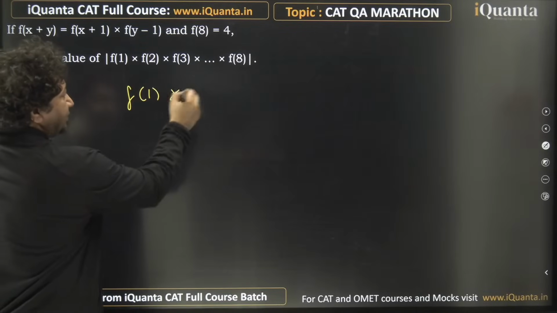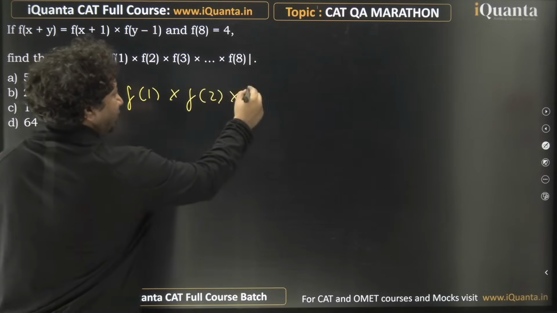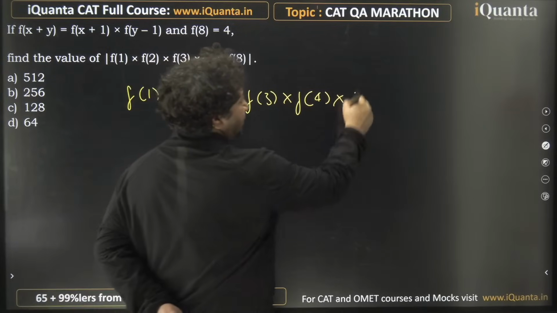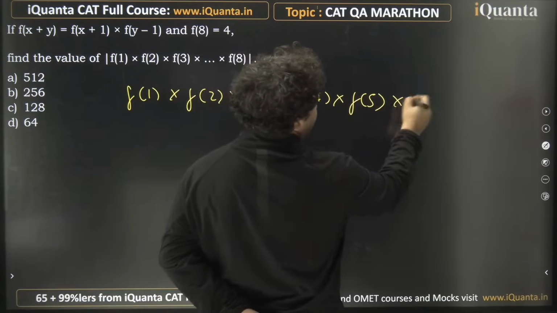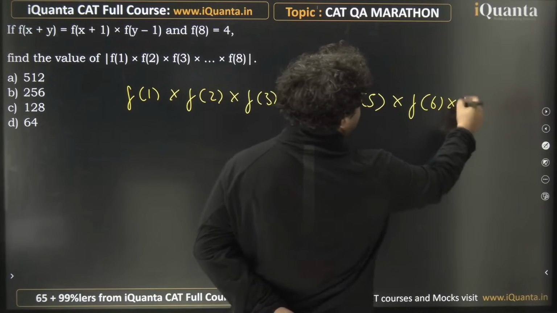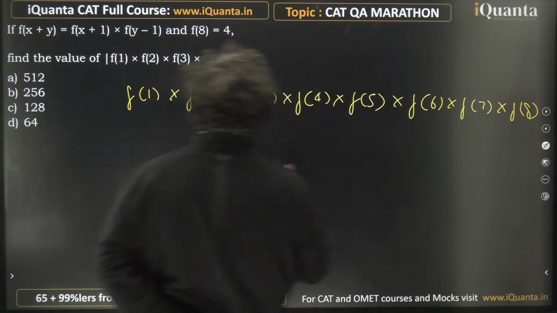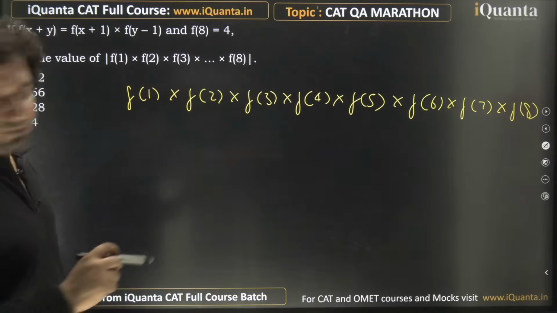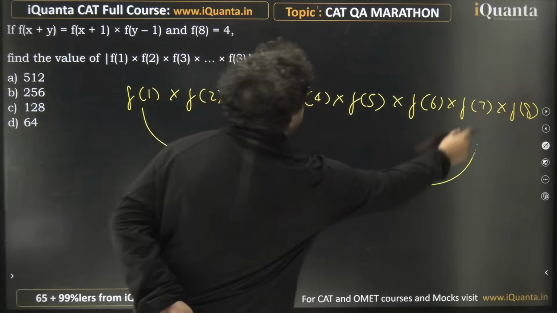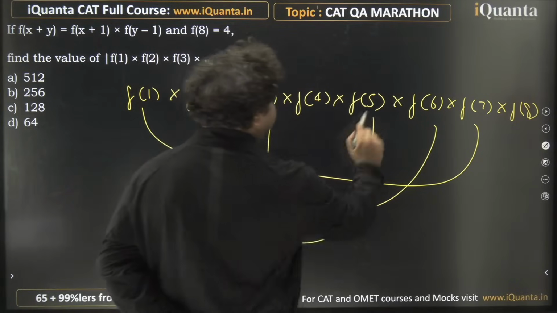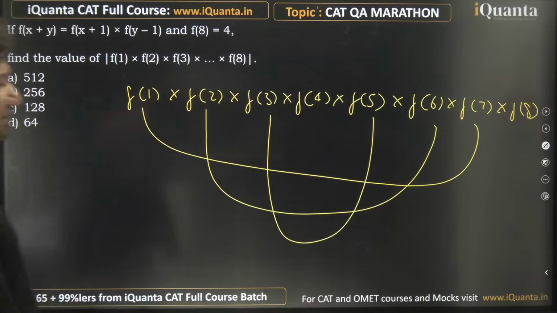f1 into f2, I'll write all of it so that it's clear to all of you. f4 into f5 into f6 into f7 into f8. 1 and 7, 2 and 6, 3 and 5, they were giving us pairs.